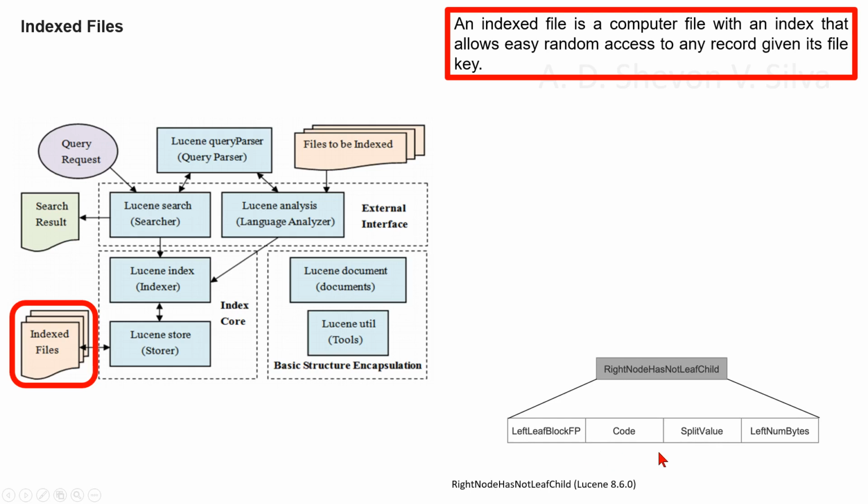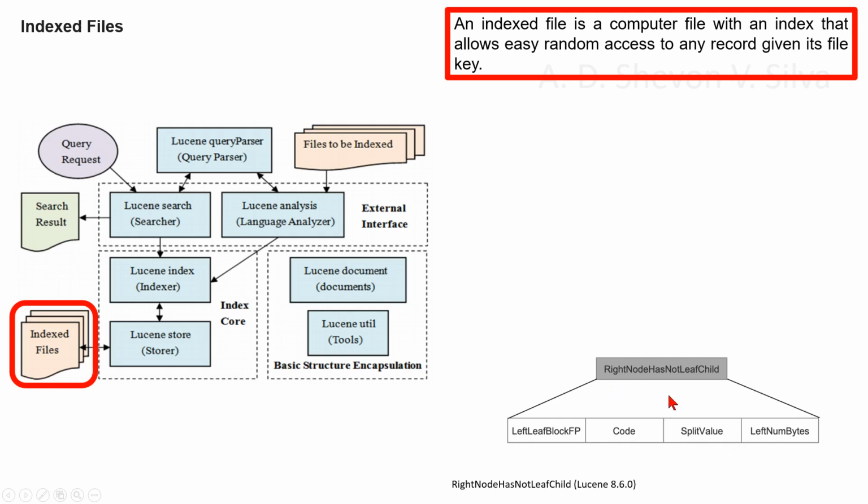Code describes the metadata about the inner node, such as split dimension and bytes per dimension, how many bytes each value in each dimension takes. Split value: at this stage of constructing a KD tree, the set of points in an inner node will be split into two subnodes according to the split value, which is a value of one of the dimensions. Left num bytes describes the total size of one inner node's left subtree.